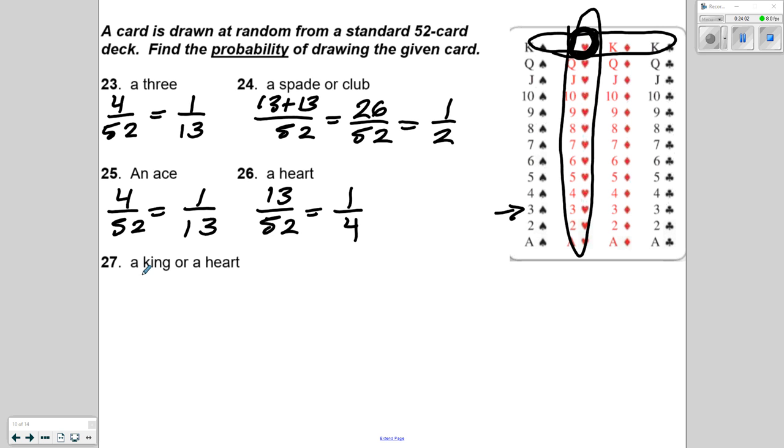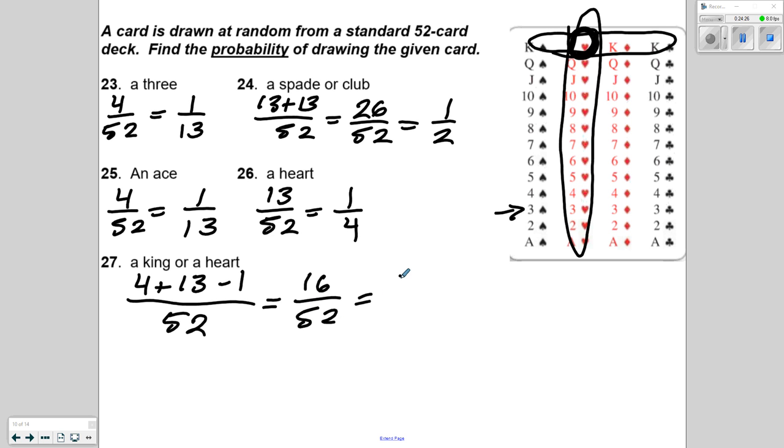We could just add up all the kings plus all the hearts, and then subtract the number of times we double counted, which would be the overlap between those 2 events. Or, of course, if we have this picture, we could just count them up. If we just count them up, we get 16. That's 16 out of 52, which would be 4/13.